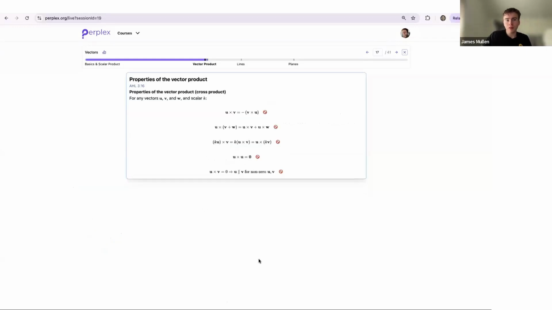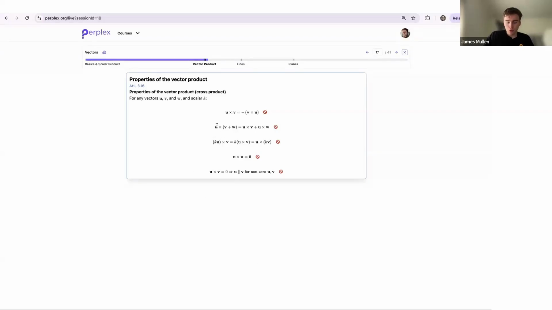Let's continue. So some properties of the vector product. One thing is that if I switch the order of u cross v to v cross u, I don't get the same cross product. I get the negative of what I had before. So the order actually matters here to some extent.